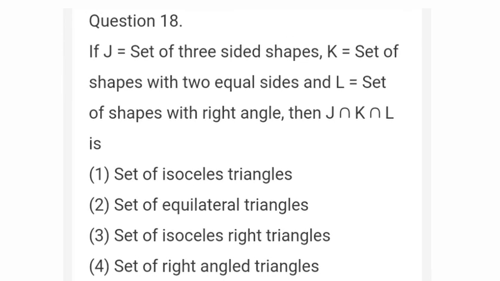18th one. If J equals the set of three-sided shapes, K equals the set of shapes with two equal sides, and L equals the set of shapes with a right angle, then J intersection K intersection L is: first option, set of isosceles triangles; second, set of equilateral triangles; third, set of isosceles right triangles; fourth, set of right angle triangles.